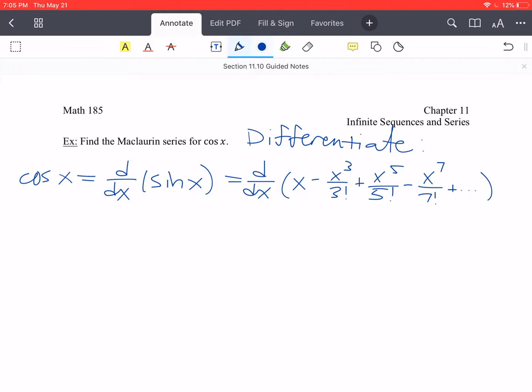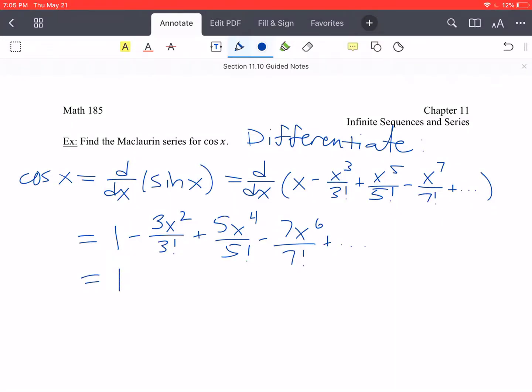Okay, and that is 1 minus 3x squared over 3 factorial plus 5x to the 4th over 5 factorial minus 7x to the 6th over 7 factorial, etc. So we have 1 minus, notice what happens here, I can cancel the 3 with the 3 in the 3 factorial, right? So this is 3 times 2 times 1, so I'm going to cancel with that one, and I'm left with x squared over 2 factorial.